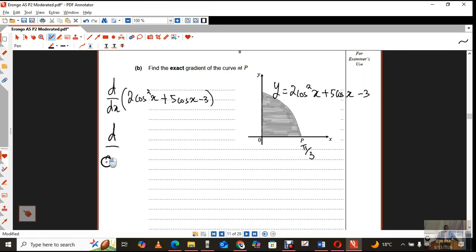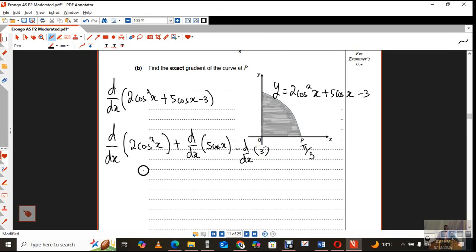That is d by dx of, let's say we take 2 cos square x, plus d by dx of 5 cos x, minus d by dx of 3. Hopefully you understand that. So I'm going to do this part over here.